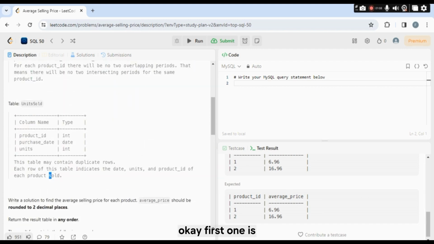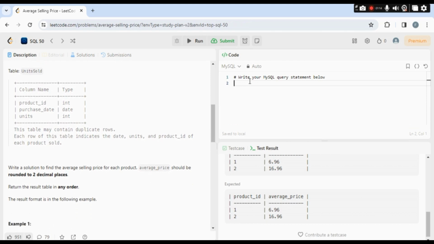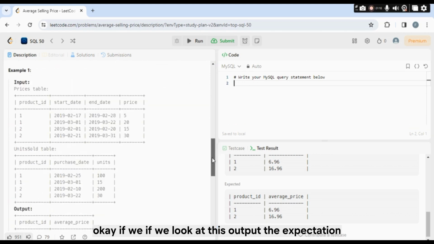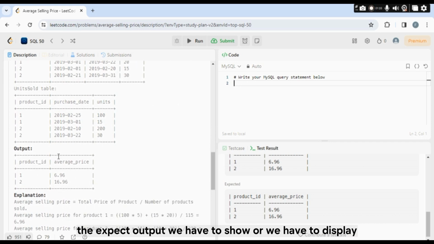Okay, first, write a solution to find the average selling price for each product. If we look at the output, we have to display product ID and average price.